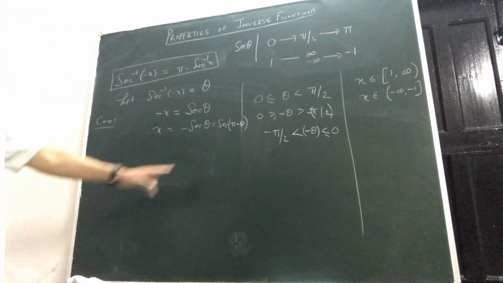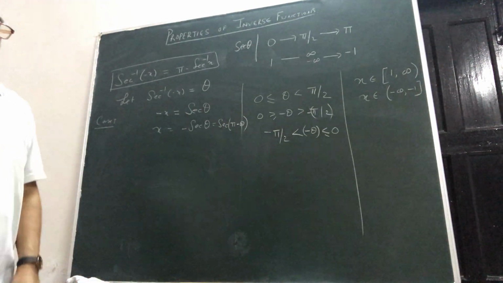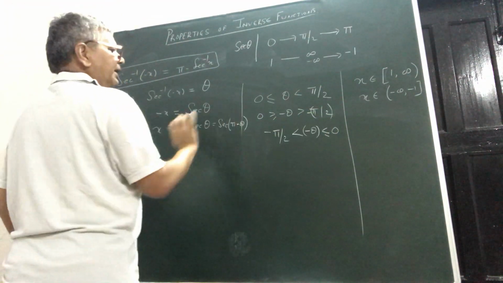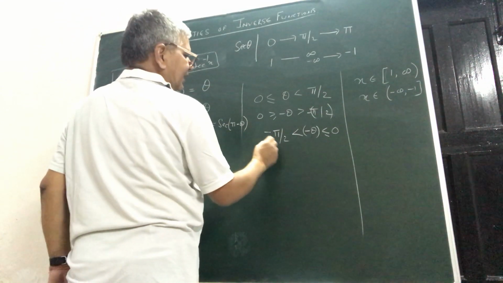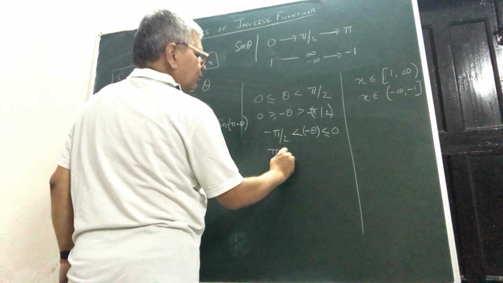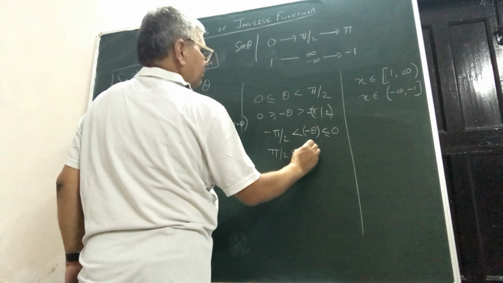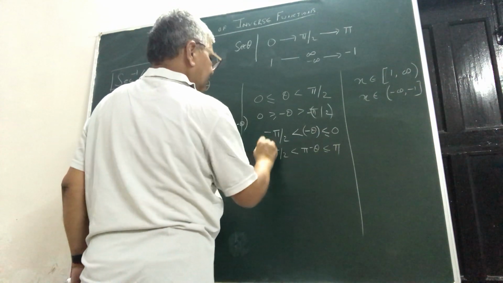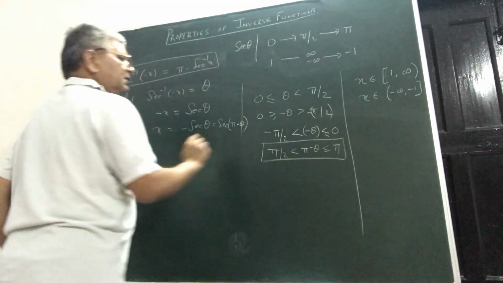You want the value of pi minus theta, so add pi all the way. Minus pi by 2 plus pi gives pi by 2 is less than pi minus theta, and then here you will be less than pi. This is the result.